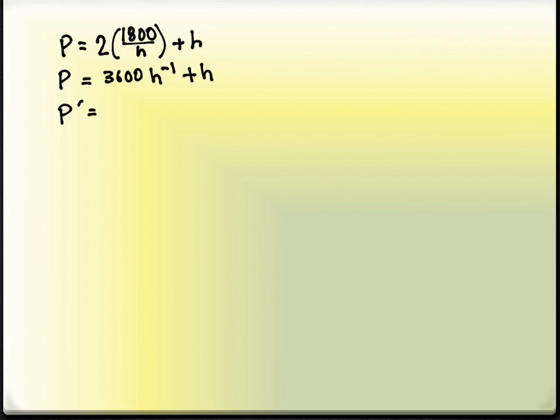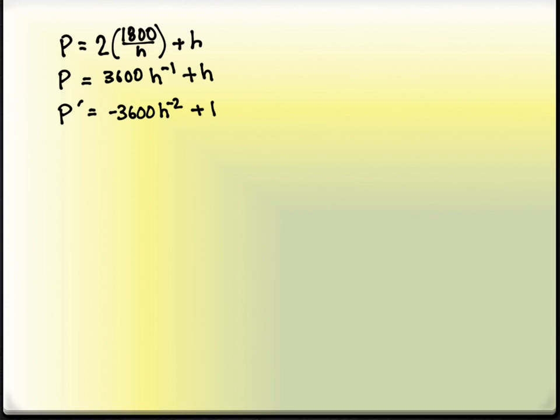Okay, so I need the derivative of 3,600 h to the negative 1. Derivative, not antiderivative, derivative. What's the derivative of 3,600 h to the negative 1? Okay, negative 3,600, and then what? H to the negative second. Okay, does that look good to everybody? Okay, and at the end, what's the derivative of h? That's just 1. Okay, everybody good?